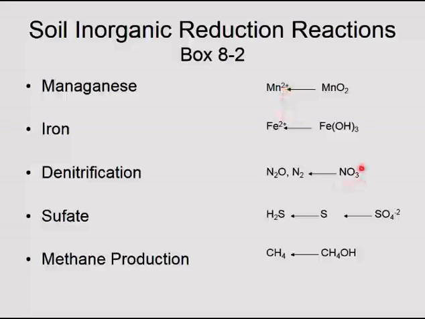Conversion of nitrate to N2O or N2 is the process of denitrification. But look, we're losing oxygen along the way, and so these are more reduced forms. Right here, we're going from sulfate to hydrogen sulfide. This is a reduction reaction.